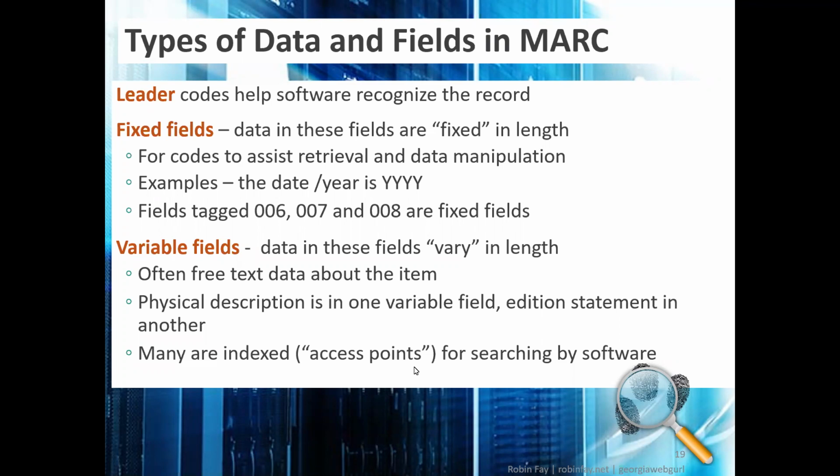These fields are tagged as 006, 007, and 008, and we'll talk about these more in just a minute. But these fields are things where you have a defined list. Country code, what country is this book published in? You have a coded list that you choose from.